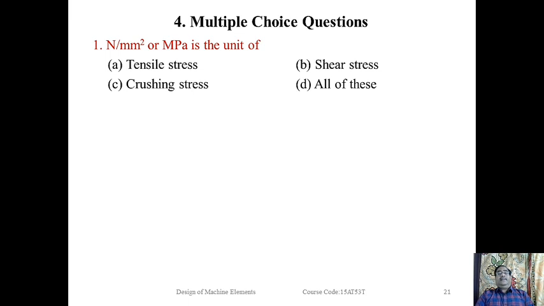Since the units of tensile, shear and crushing stresses are Newton per mm square or megapascal, the correct answer is all of these, that is A, B and C. So the correct answer is D, all of these.